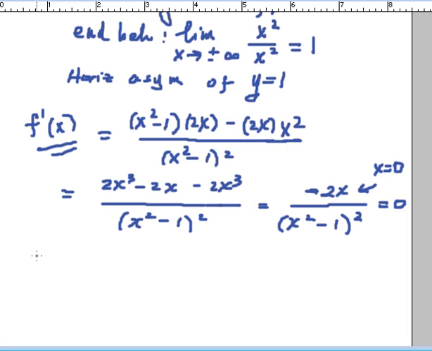And so to do our plus minus analysis, we put the zeros of the numerator and denominator on the number line. Okay, so we have x equals 0 there, and we have 1 and minus 1. These are our vertical asymptotes, so I'll put open circles there.